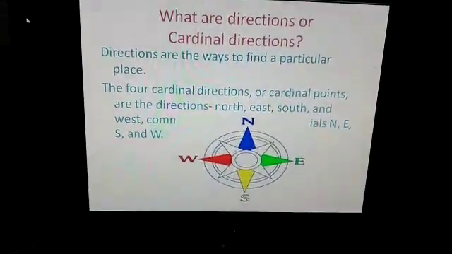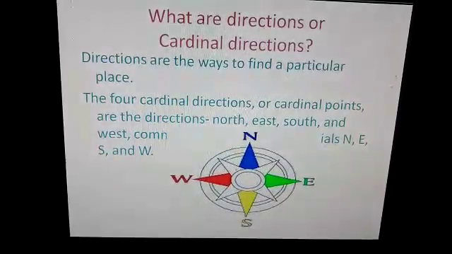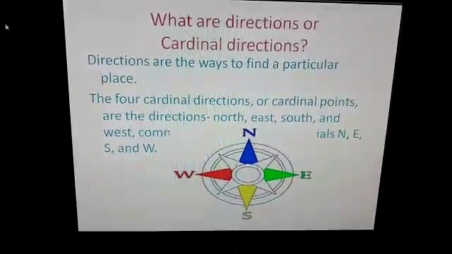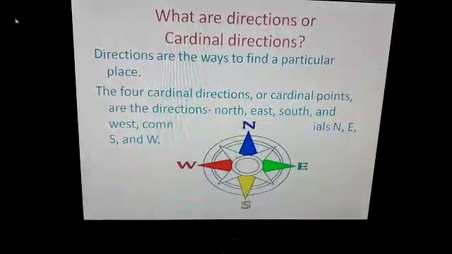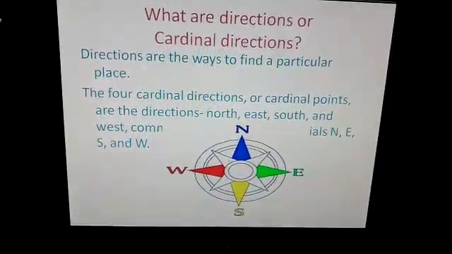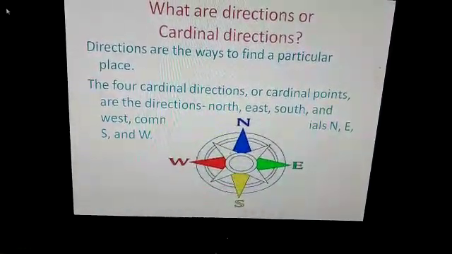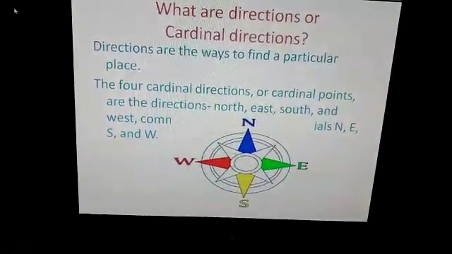Directions are the ways to find a particular place. The four main cardinal directions or cardinal points are north, east, south and west.